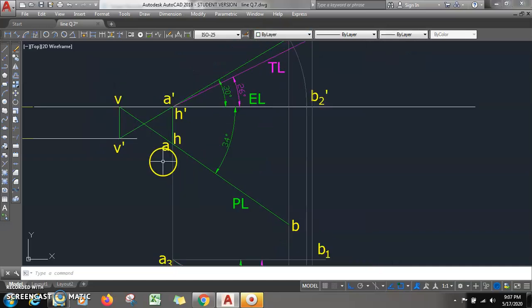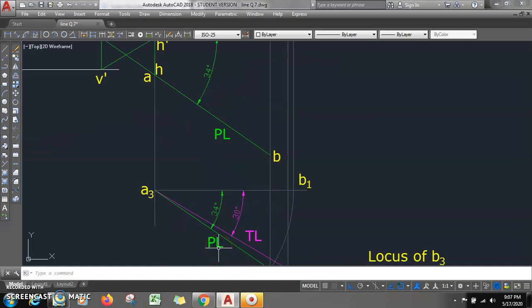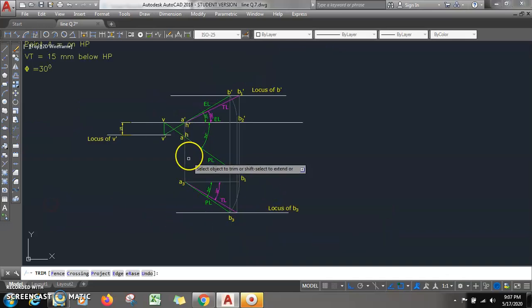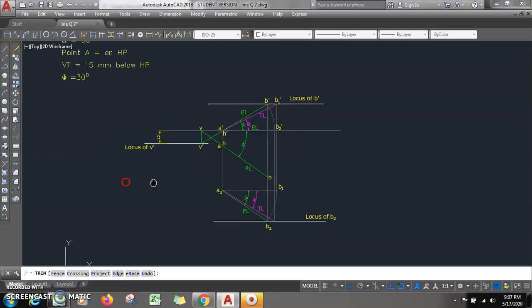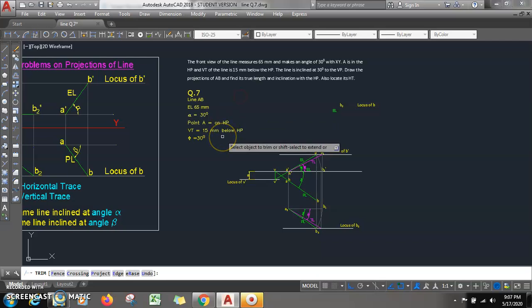Okay? And V dash is VT, and E dash B dash is your elevation length. This is EL, inclined at angle alpha, true length inclined at angle theta. Then plan length, inclined at angle beta, true length inclined at angle phi. Okay? So in this way you can have a complete solution. You see. Okay? So this is my complete solution. Okay? I hope you have understood the problem. Okay? Thank you.